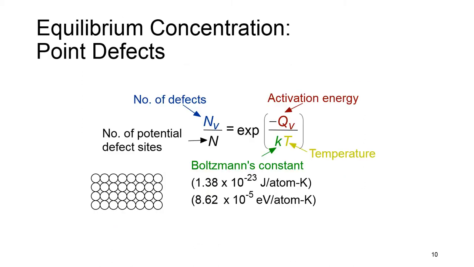To find the number of defects, this formula has been proposed, in which N_V is the number of defects. As you can see, N is the number of potential defect sites, Q is the activation energy, K is the Boltzmann constant, this is the value of K, and T is temperature, of course in Kelvin.